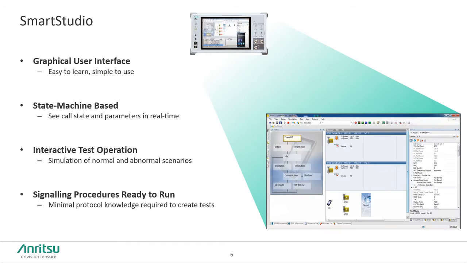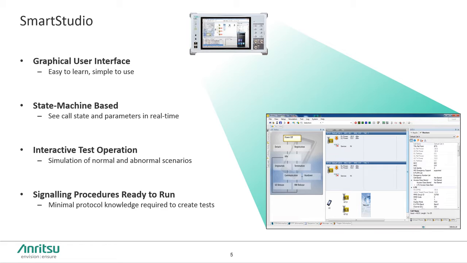To give a bit more details of SmartStudio, it's a graphical user interface for manual operation. It's intuitive and simple to use. It's state machine based, which means the simulation is based on the state in which the mobile device is in terms of communication with the mobile network.